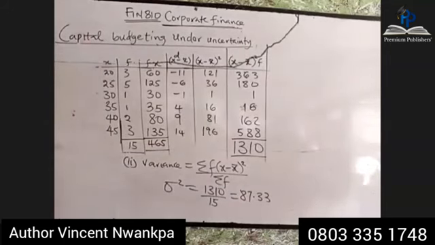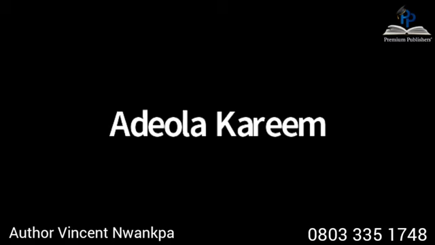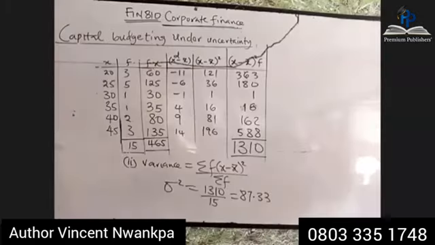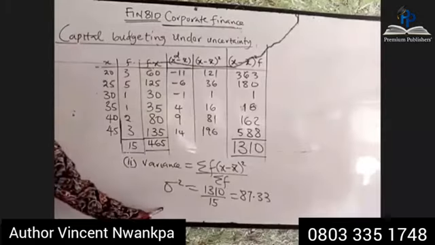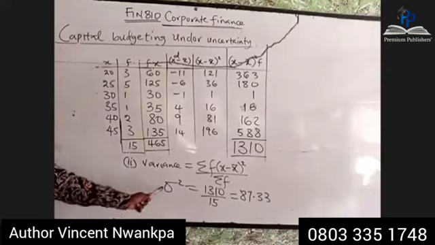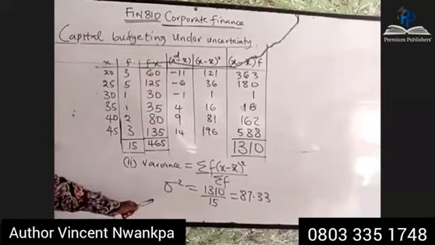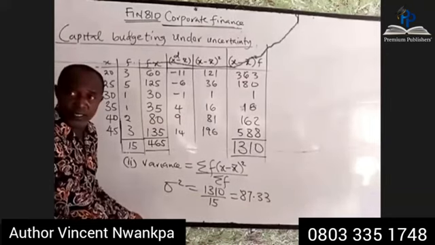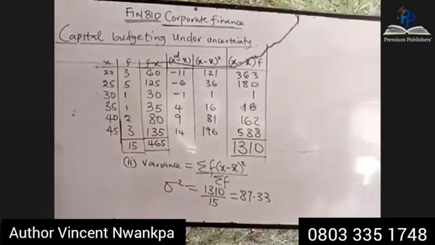Those of us online, are you following? Can you see it clearly now? Yes, sir. Good. Now, having known variance, the square root of what I got now is the standard deviation. This is already the variance; standard deviation is just to get the square root.